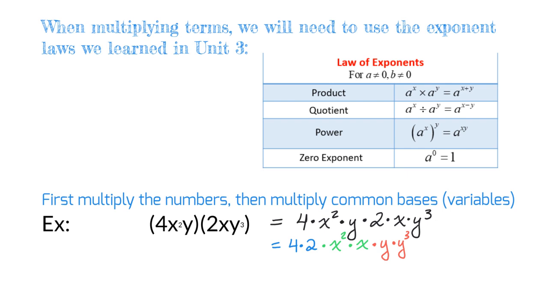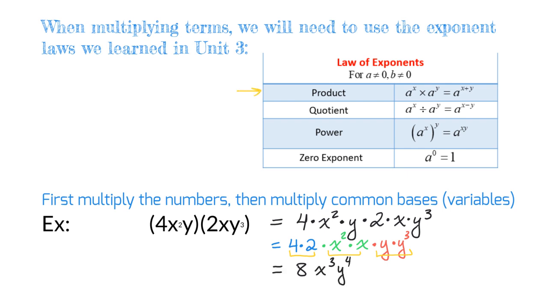And so what this allows me to do is use the exponent rules as well as some multiplication to simplify these terms together. I know what 4 times 2 is. I know what x squared times x is because I can use the product rule. I also know what y times y cubed is, again, because of the product rule. Whenever we have the same base, the exponents will add.